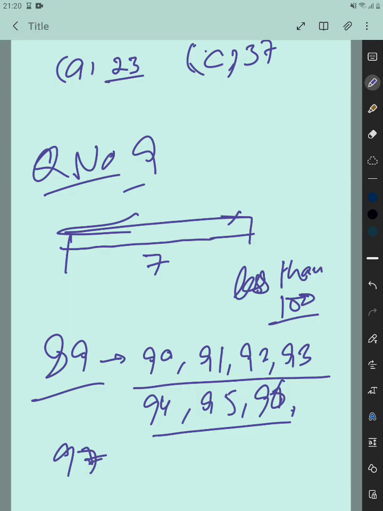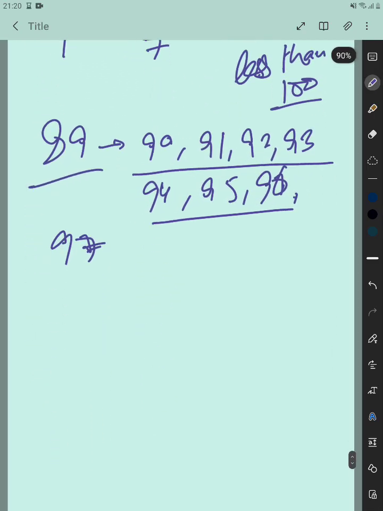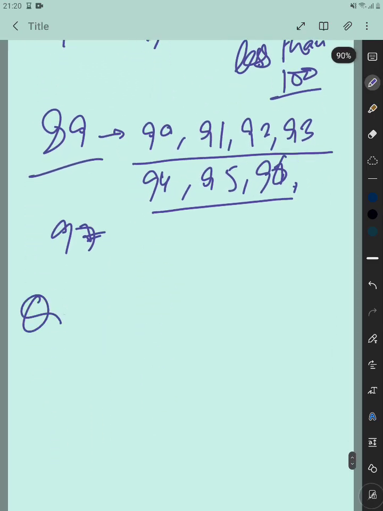Now we have come to question number 10. Let's go to question number 10. What is question number 10? Express each of the following numbers as a sum of 3 odd primes. They want to display it as a sum of 3 odd primes. First of all, it is 21.